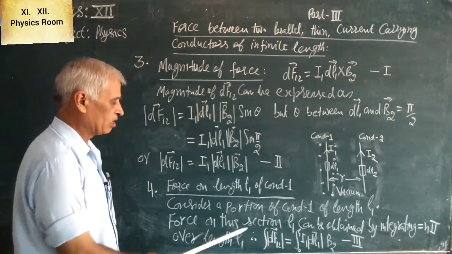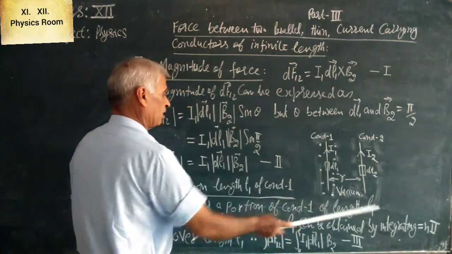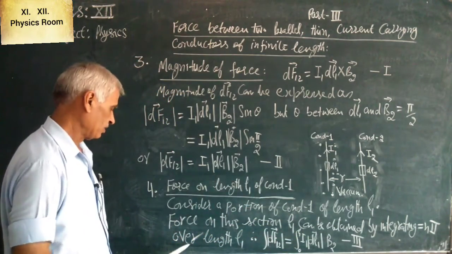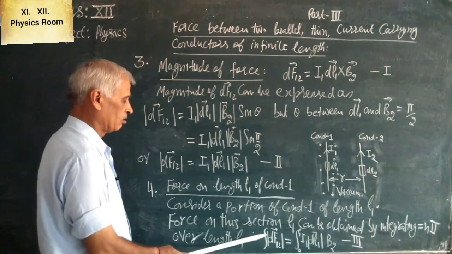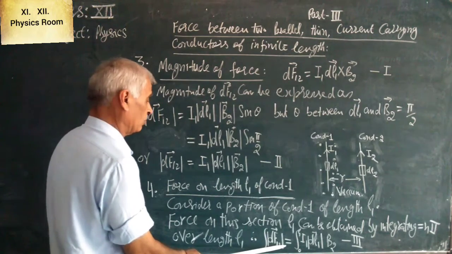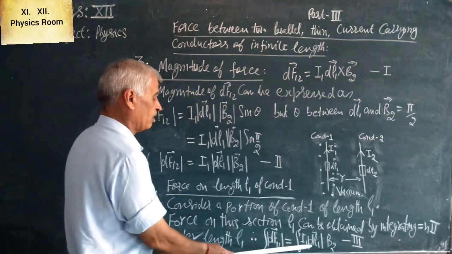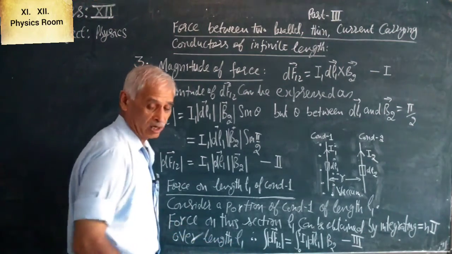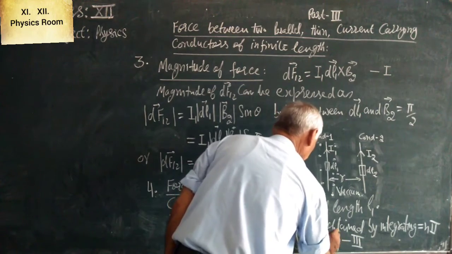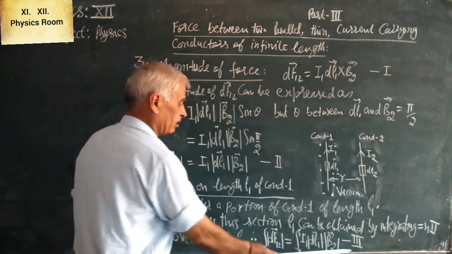The force on this section L1 can be obtained by integrating equation 2 over length L1. Therefore, integration dF12 is equal to integration 0 to L1 I1 mod dl1 mod B2. Let us mark it as equation number 3.